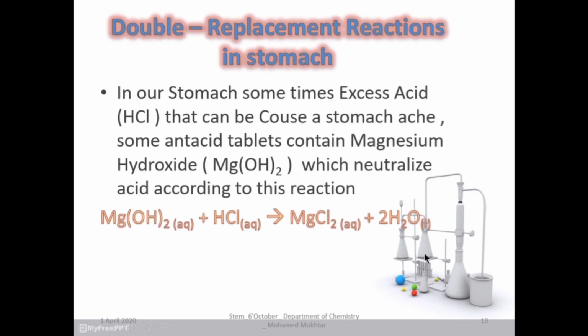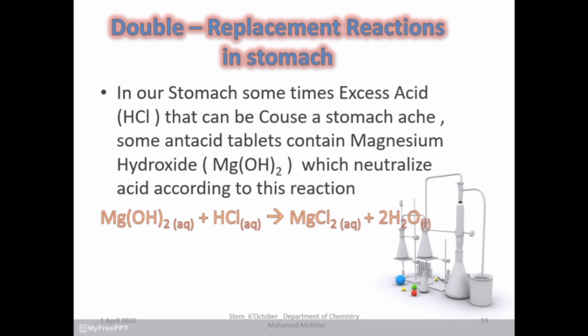In our life, we can see some replacement reactions. If our stomach produces more acid, then we can feel some trouble in the stomach.